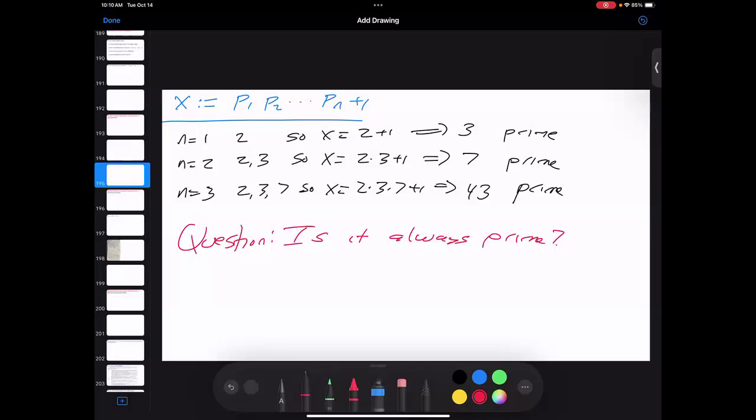Yeah. So given that we have somebody with access, we take n equals 4, we have 2, 3, 7, and 43. So x is going to be 2 times 3 times 7 times 43 plus 1. So that's going to be 42 times 43 plus 1. How many people think it's going to be prime?